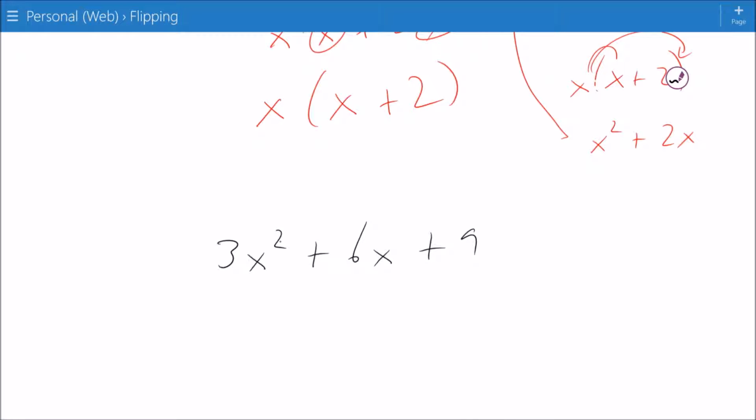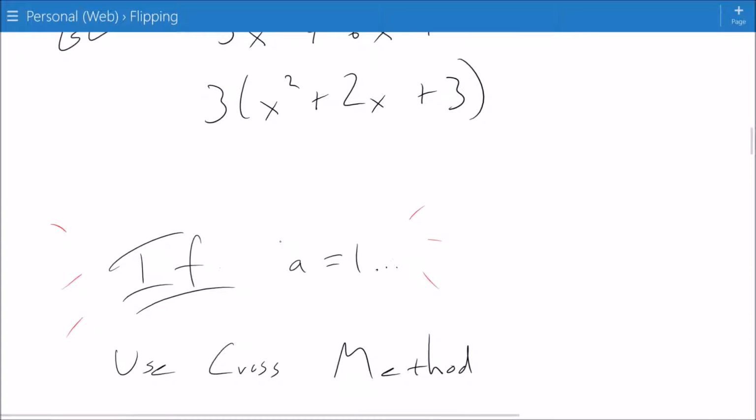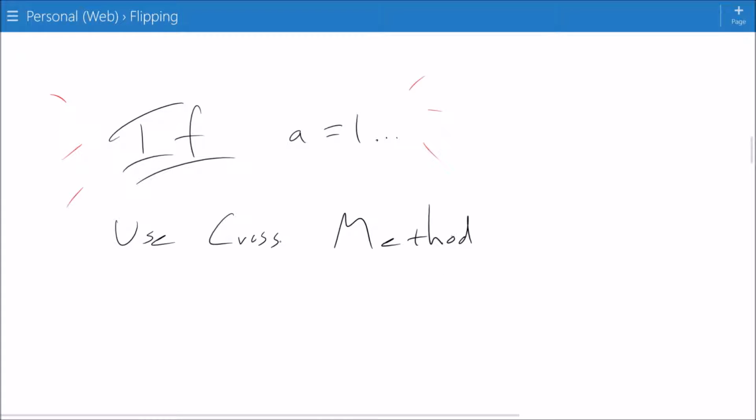Well, immediately you should see right away all of the coefficients and the constant there are divisible by 3. So we could factor that out and that would become 3 times x squared plus 2x plus 3. If you distribute that out, you will see that you get the exact same thing. Okay, that is one method. Again, that is your greatest common factor, your GCF.